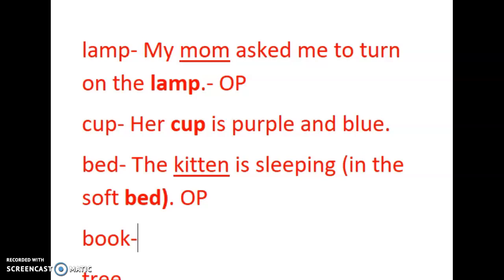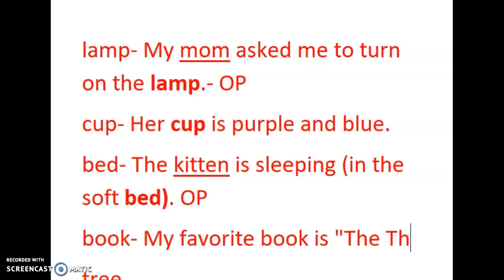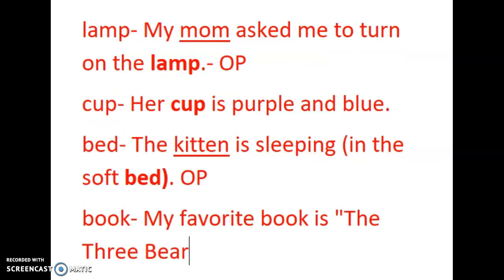So for book, my favorite book is The Three Bears. So book is my word. I'm going to highlight my noun here. And it is the subject noun.